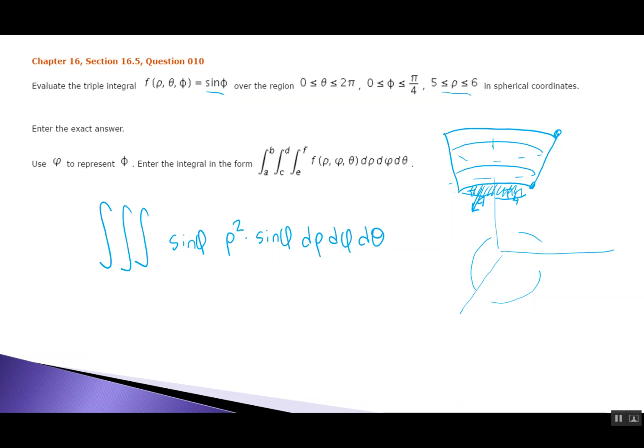All right. d rho goes from 5 to 6. d phi goes from 0 to pi over 4. d theta goes from 0 to 2 pi. So there's my setup. It's not very hard to set up, but let's look at how we integrate this.